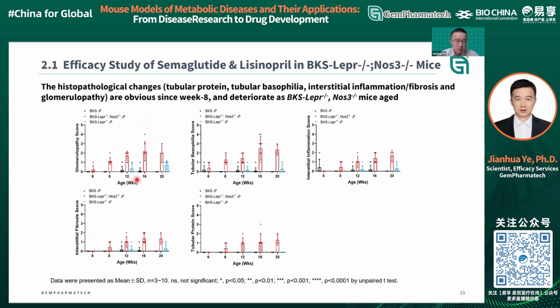Especially when they are like 12 weeks old. As we can see, the red one is the db/db plus NOS3 knockout mice, and the black one and the blue one are normal mice and the normal db mice.